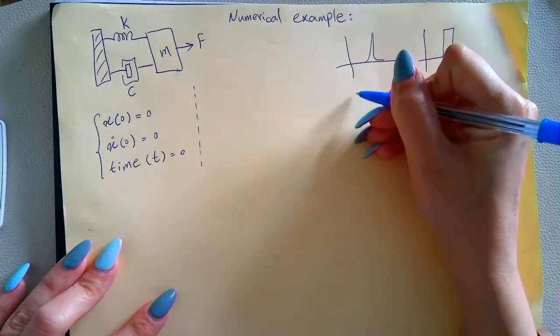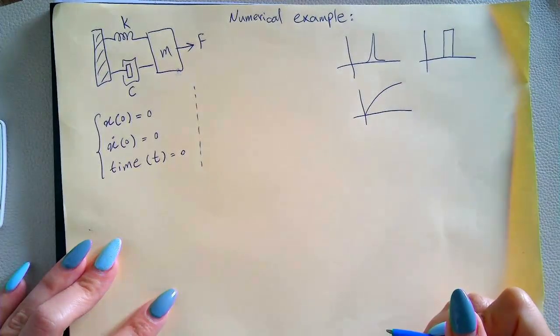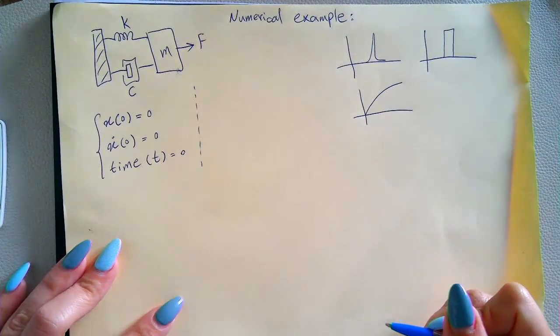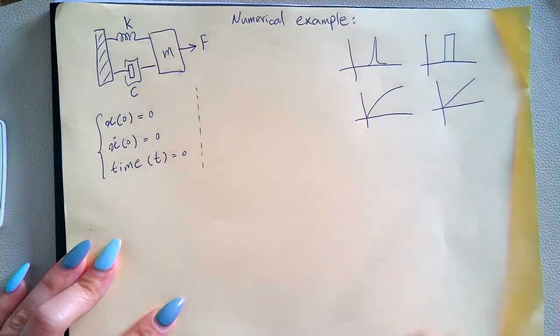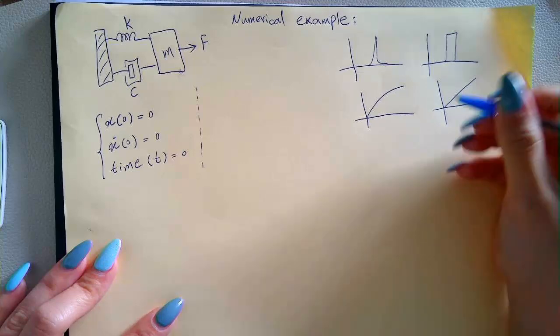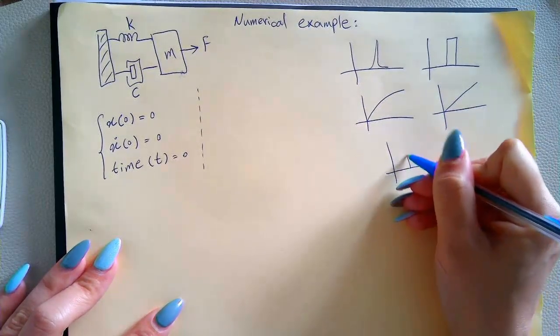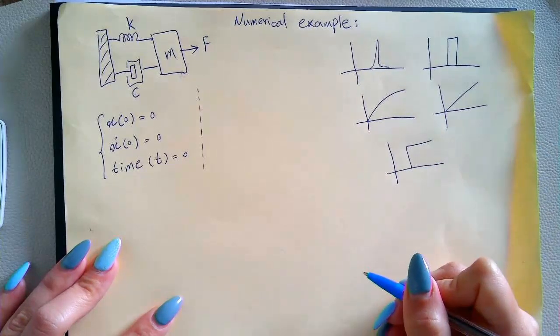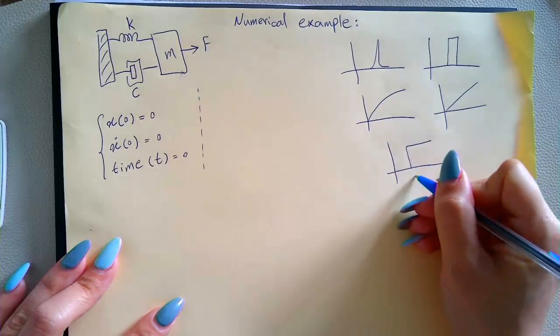We also looked at exponential functions, and also at ramp. Another type that we looked at was called the step. So here let's work with a step.